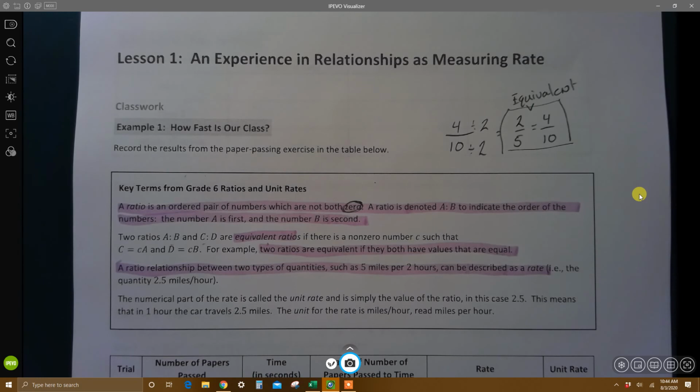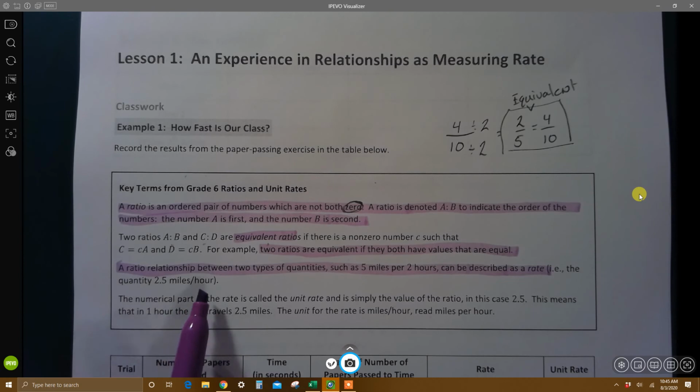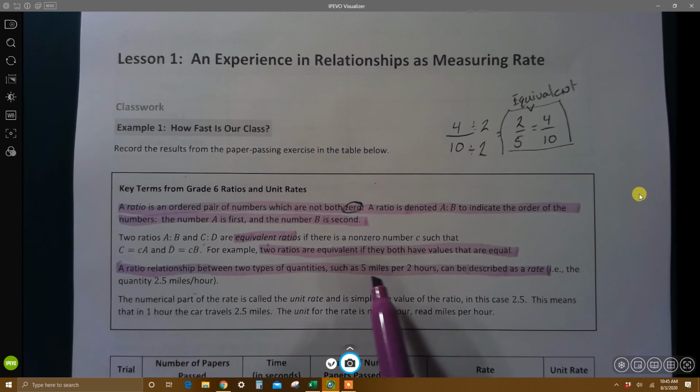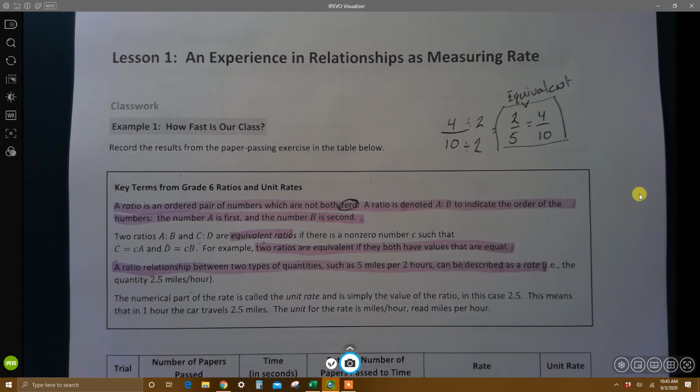It is a ratio relationship between two types of quantities. 5 miles per 2 hours, or you can say this person goes 2.5 miles every single hour. That would be an equivalent ratio. 2.5 miles per hour is the same as 5 miles per 2 hours.